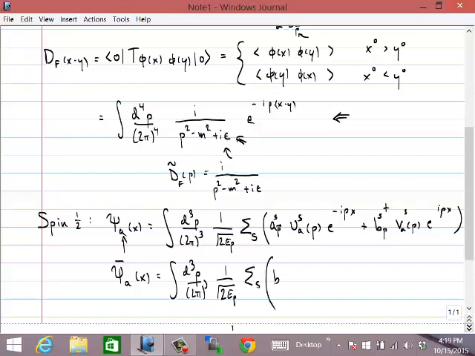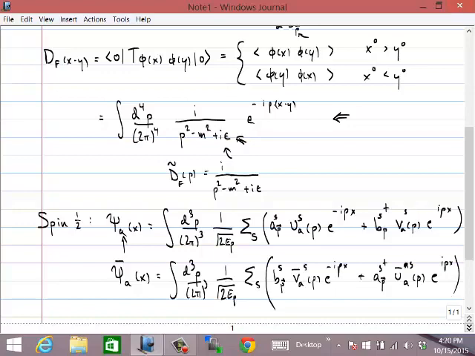So we just find it by taking the bar of the expression above. So we have a v-bar^s e to the minus ipx and a corresponding a_p^s dagger times e to the plus ipx.